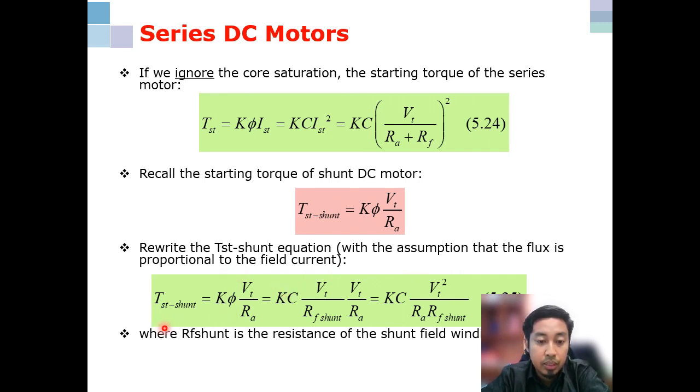Replacing phi with c, it equals Kc Vt over Rf shunt times Vt over Ra, which is Kc Vt squared over Ra Rf shunt, where Rf shunt is the resistance of the field winding. This produces equation 5.25.